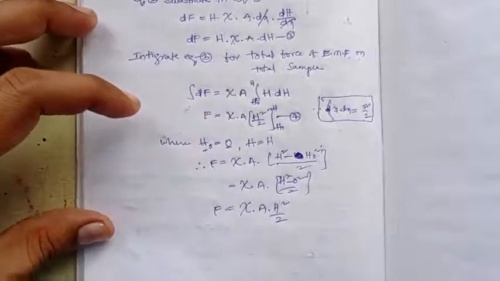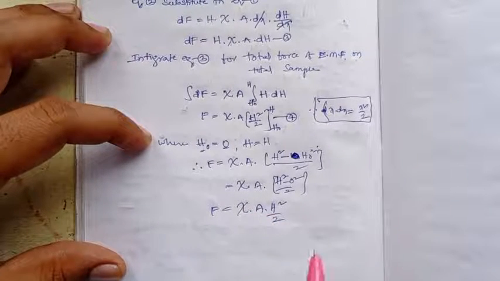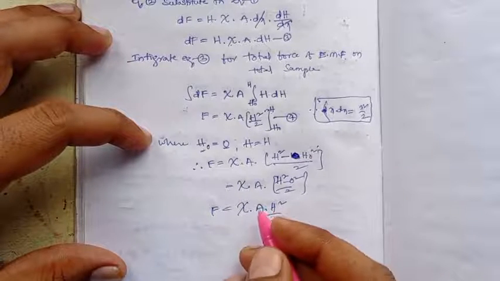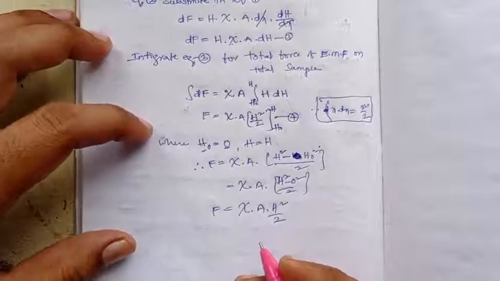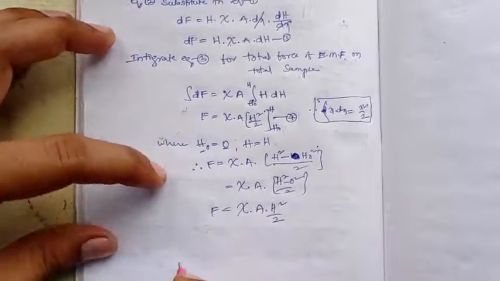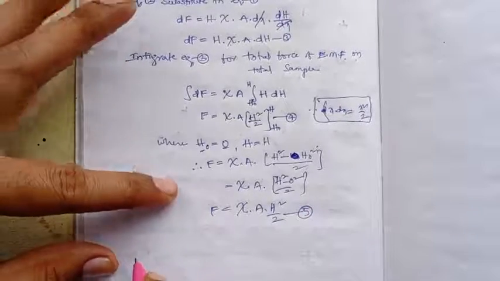Now, this chi is the volume susceptibility in general, and you convert this volume susceptibility into gram susceptibility. This is equation number 5.